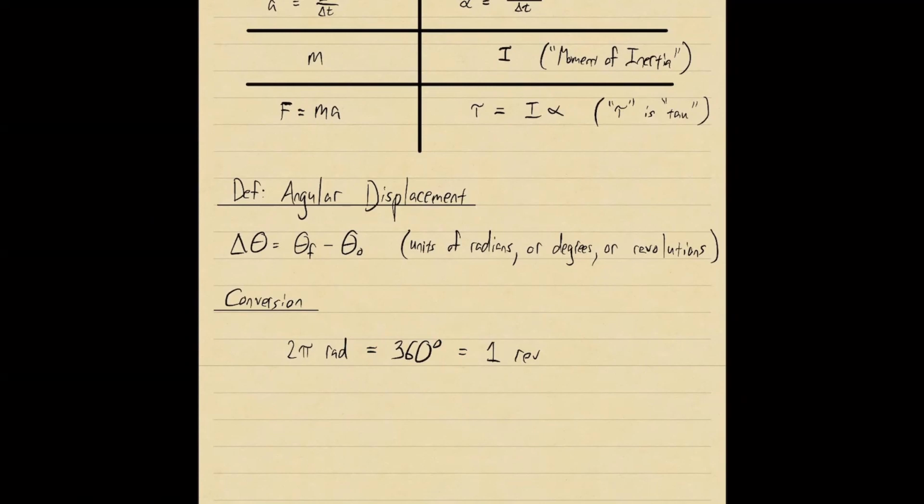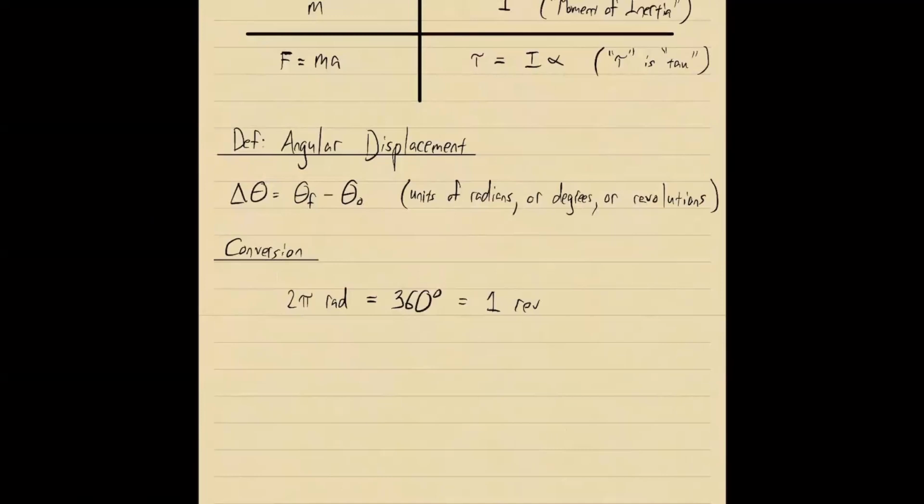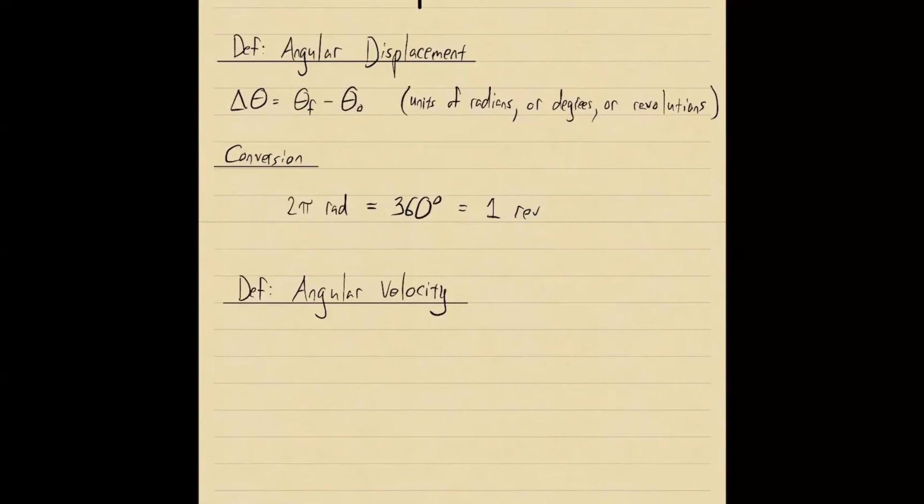Next up is the concept of angular velocity. Let's define angular velocity. We already talked about angular displacement, so this is the next best step. Here we're going to talk about the average angular velocity.